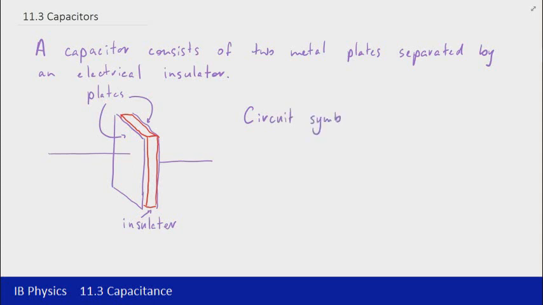The circuit symbol for a capacitor is basically a representation of what the capacitor is: two even lines that are parallel. It looks similar to the symbol for a cell, except that the lines here are equal in size, whereas for a cell one is longer than the other.